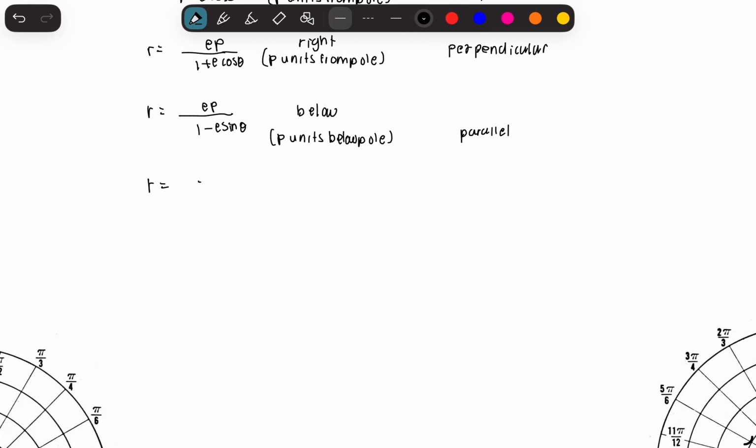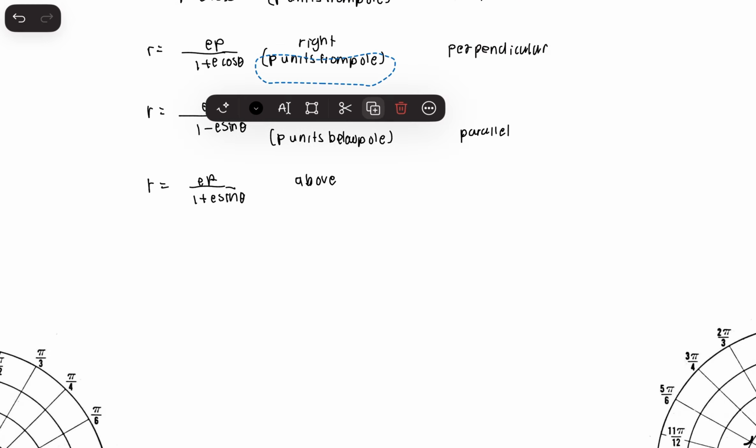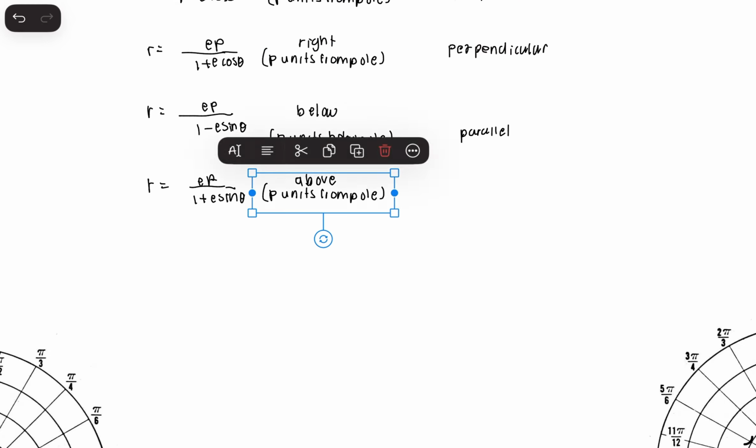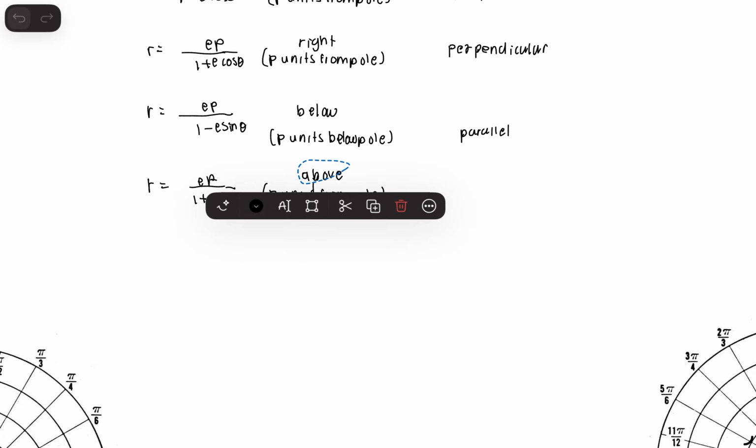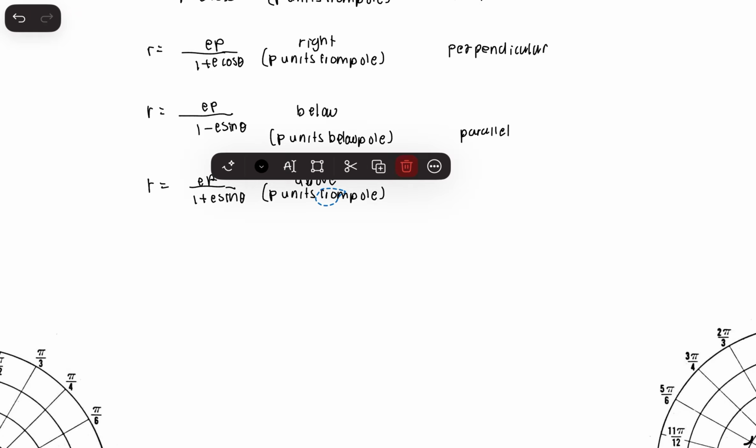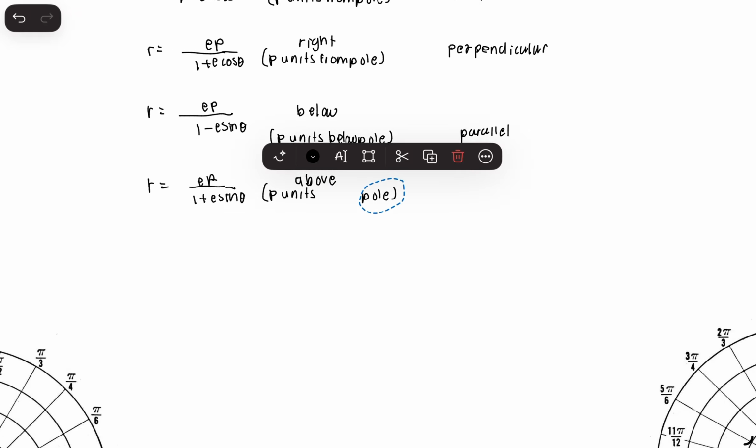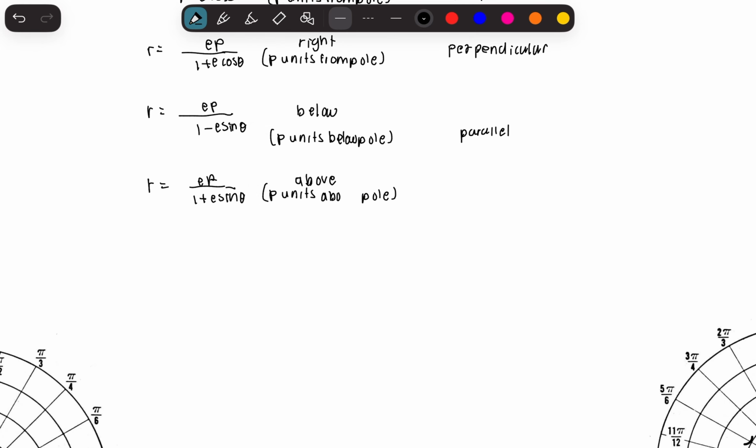Now for r is equal to EP over 1 plus e sine of theta, it is going to be above, so it's going to be p units above the pole, and it is also going to be parallel.